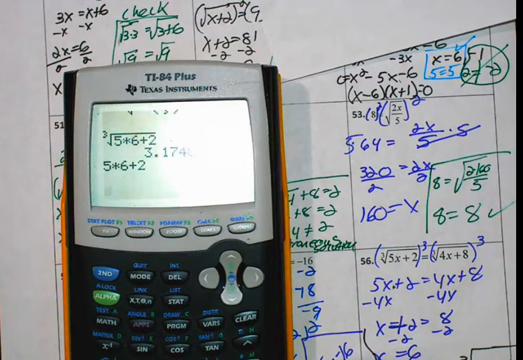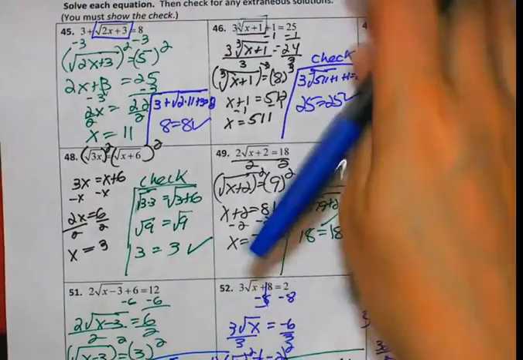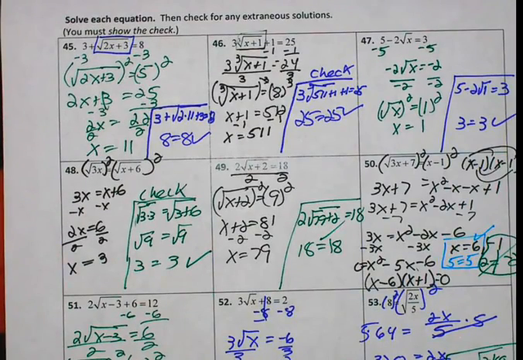It gives me the cube root of 32. Since it gave me a decimal, I'm going to go ahead and just work it out this way. So I have 4 times 6 plus 8 also gives me the cube root of 32. So they check out. So that's how you solve. Isolate, and then you're going to square or cube, or whatever the index is, both sides, and then you have to check to make sure that it's not extraneous.